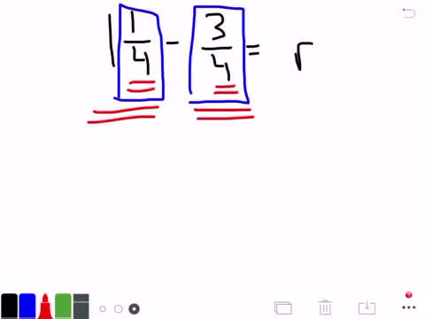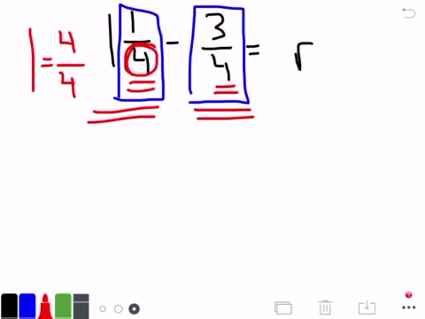What we're going to do is it's all based on that whole number of 1. We have one whole, and in this case, one whole would be the same as having 4/4. We're dealing with fourths, that's our denominator. So one whole would be the same as 4/4.